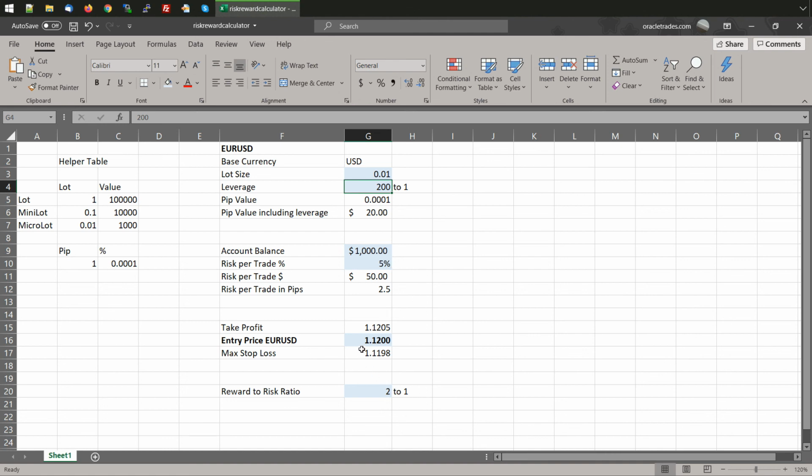And needless to say, a small variation from 1.1198 to 1.12, so that's a really, really small gap if you think about a normal trading chart, would already result in a stop loss. And that is really the reason why most accounts blow up when you are tempted by the high leverages and you only look at the possible gain of those as opposed to looking at the risk.